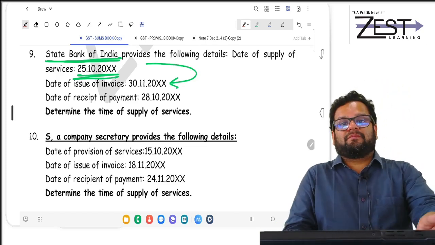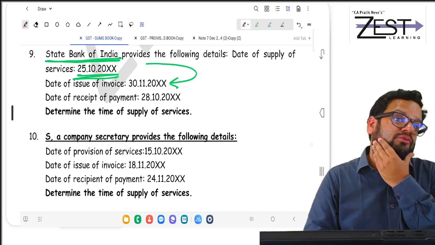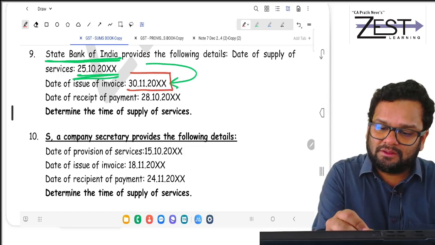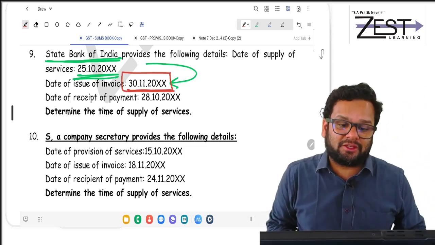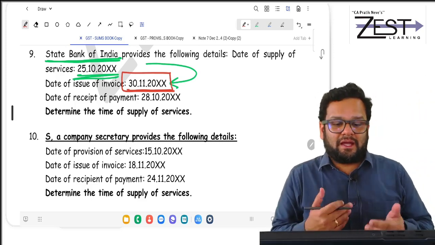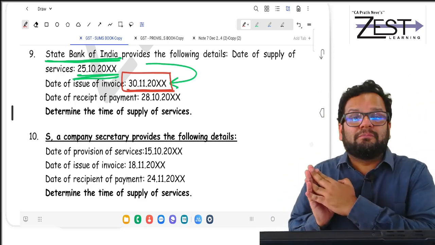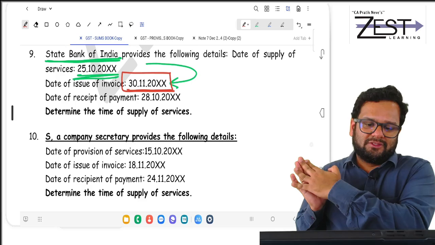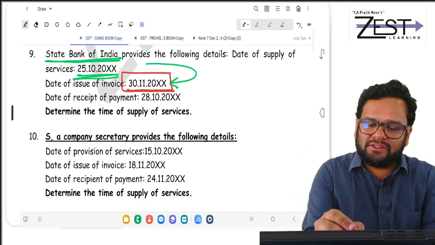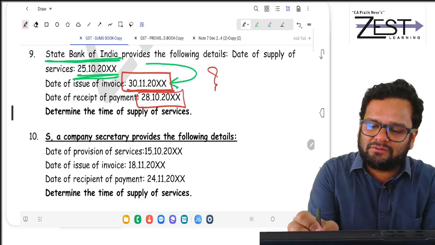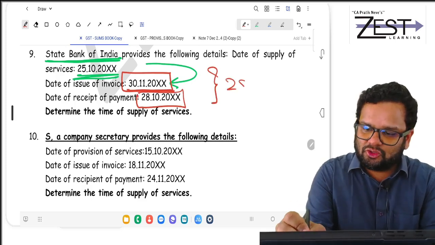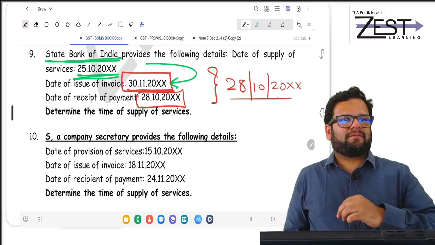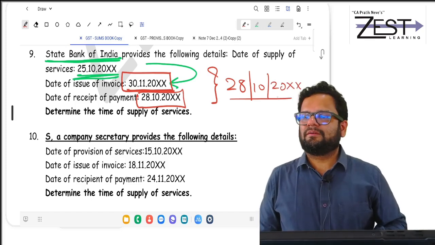Date of issuing? See, this is not expected from a bright batch like you. Which date should I consider? Date of invoice, because I have made invoice within 45 days. So 30/11. Or date of receipt of payment directly given, whichever is earlier. So coincidentally it is the same. Accepted?